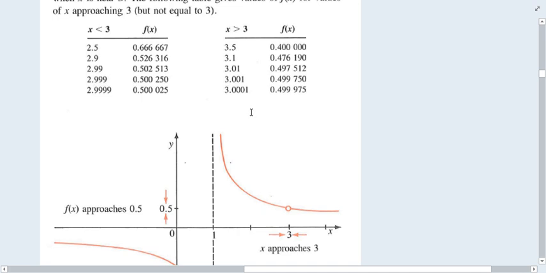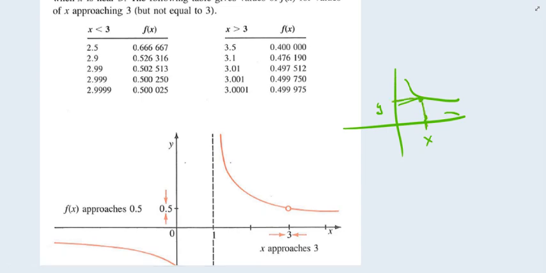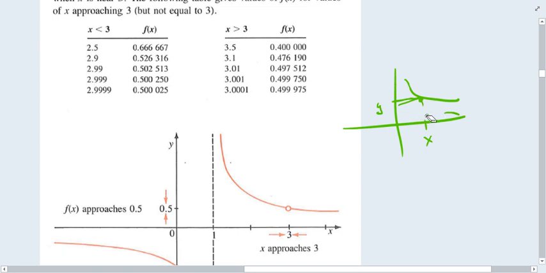So usually in math, we take an x value and plug it into the function to find out what the y value is. That's what we usually do. When we're talking about limits, we don't start with the x value to calculate the y value.